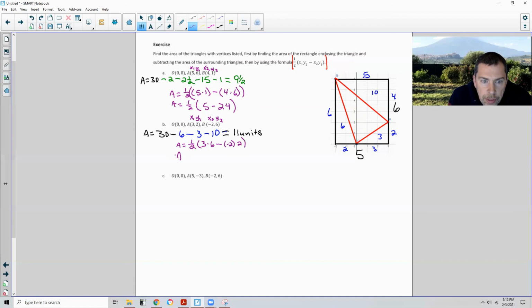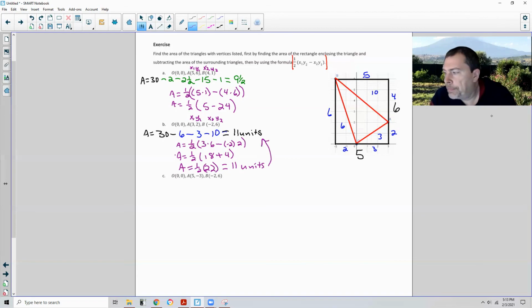So this is going to be 1/2 18 plus, because minus a negative. Negative 2 times 2 is -4, minus a negative is +4. 18 plus 4 is 22. So A equals 1/2 of 22, which equals 11 units. Okay, and it checked. Pretty neat.